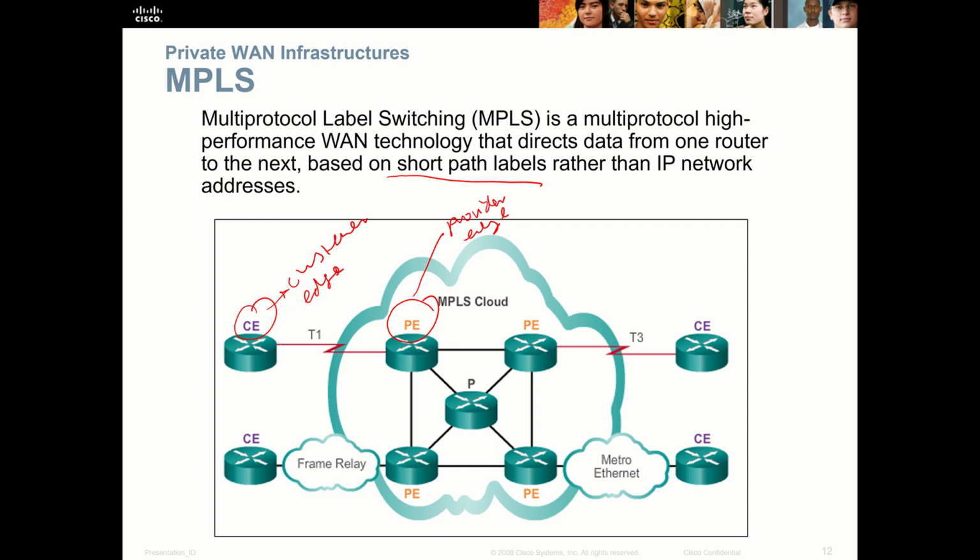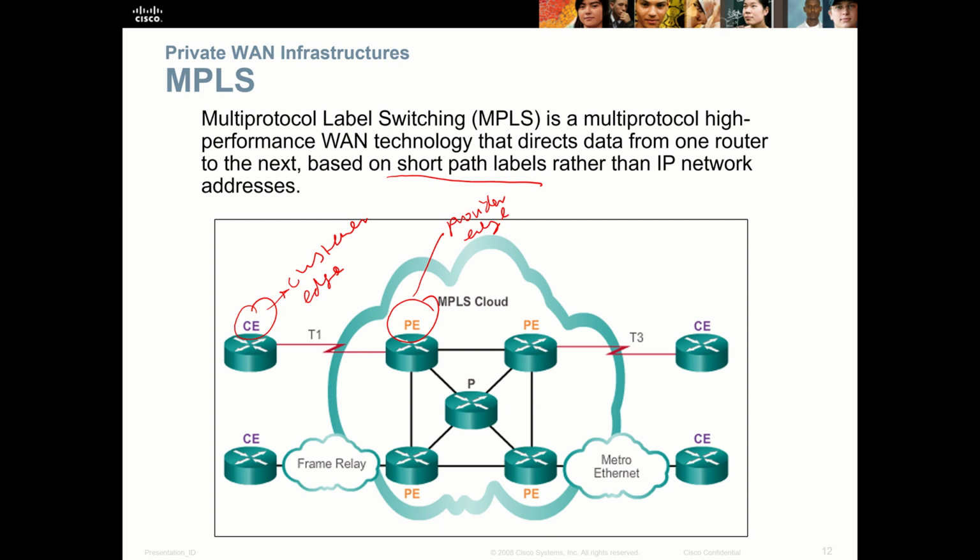That's the responsibility of the provider edge. So here, I have already explained about the CE and also the PE.